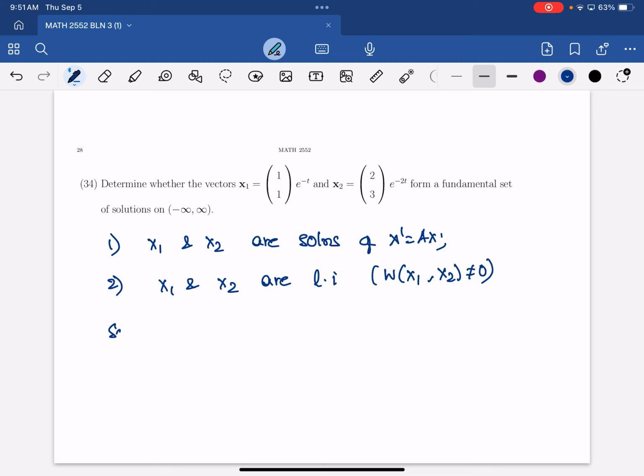So you can conclude by saying x1 and x2 form the fundamental set of solutions for the system x prime equals Ax. Clear? Are you all good?